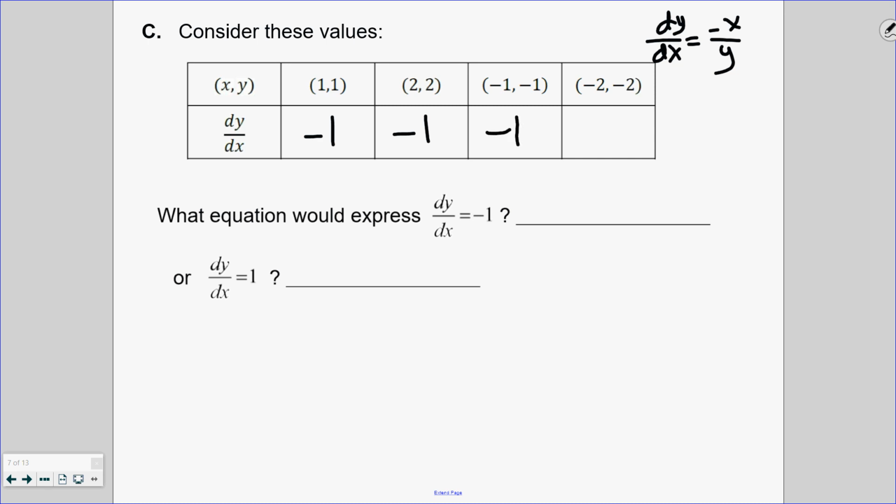And if we do negative 2 over negative 2, so you have negative of negative 2 over 2, and so on, you get negative 1. So it looks like, when would we get that? Well, that would be anywhere we get negative 1, anywhere y equals x. And when would you get 1? Well, you would get 1 anytime y would happen to be the opposite of x. That's when I should end up with a 1, because there's already a negative in the problem. So this is, again, just for this differential equation.